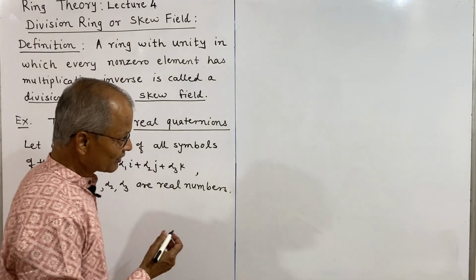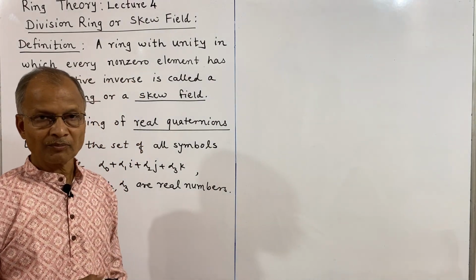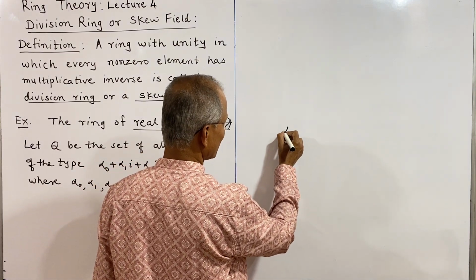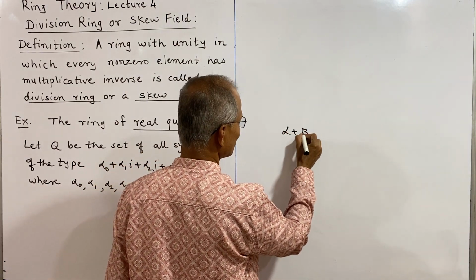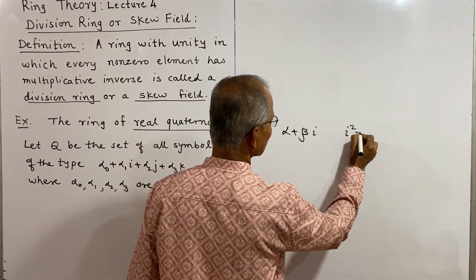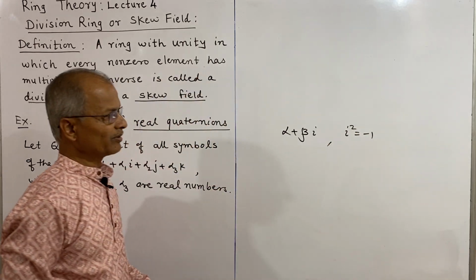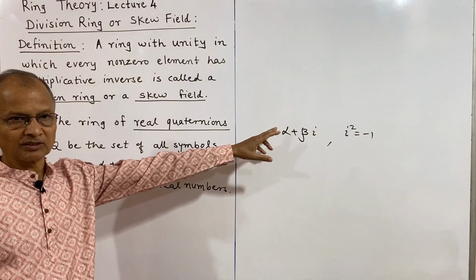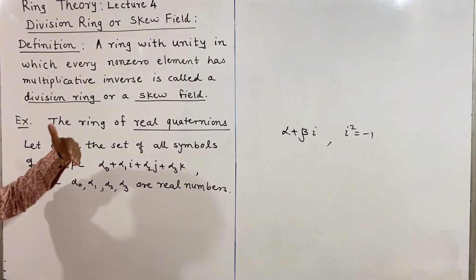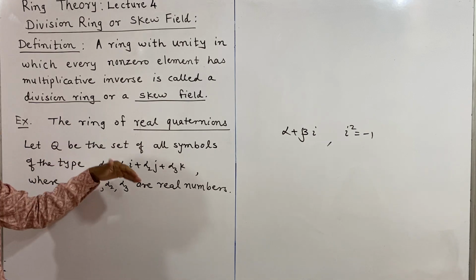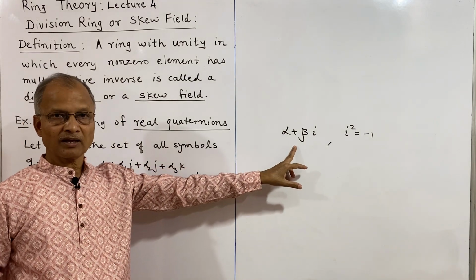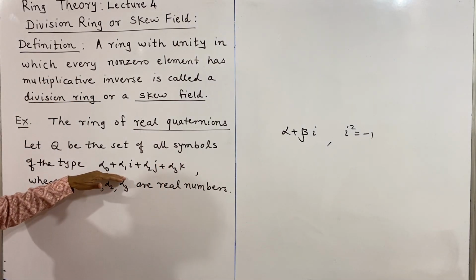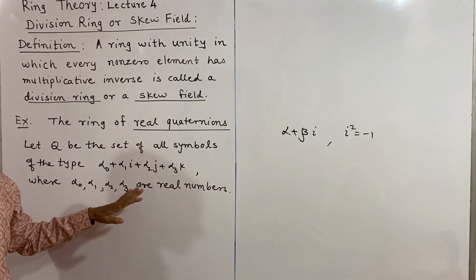Real quaternions are an extension of complex numbers. Complex numbers, which we considered earlier as an example of a field, are of the form alpha plus beta i, where i square is equal to minus 1 and alpha, beta are real. Complex numbers have 2 dimensions, and here quaternions have 4 dimensions.